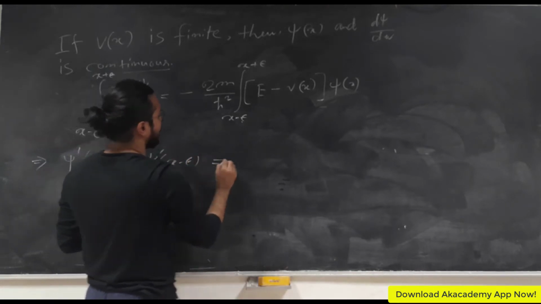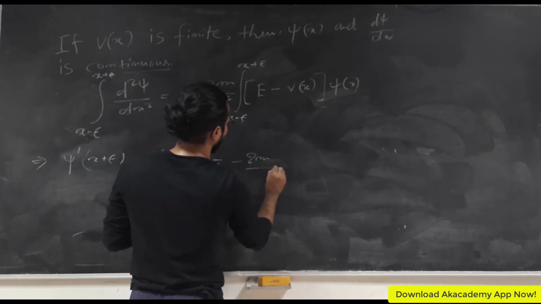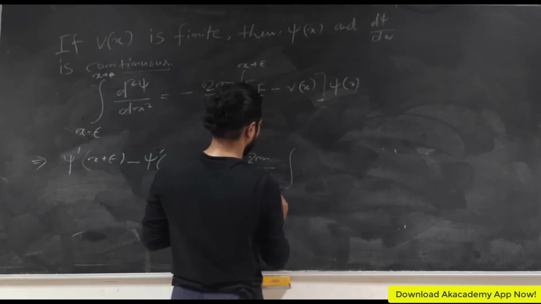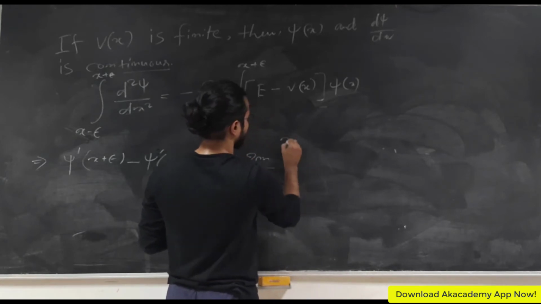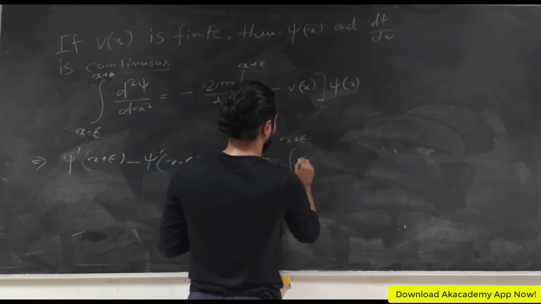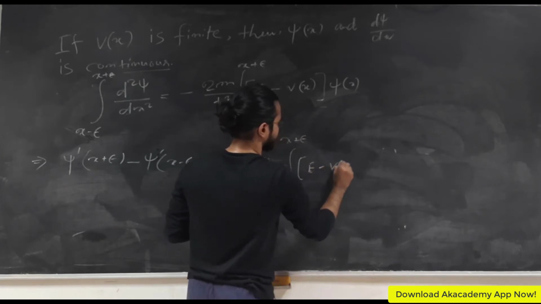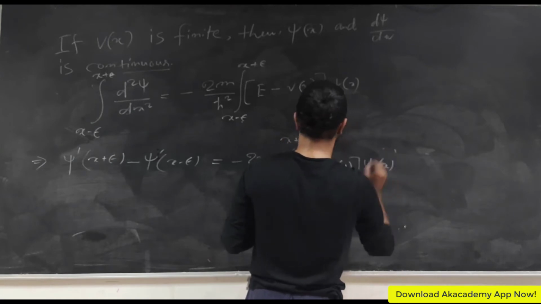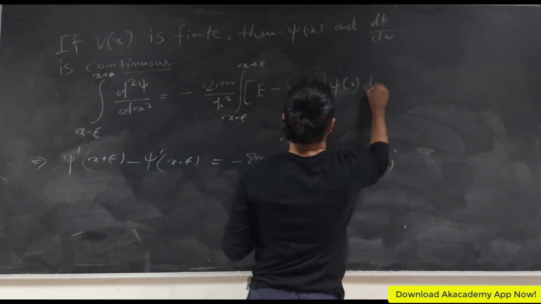And on the right hand side we'll get the integral from x minus epsilon to x plus epsilon of E minus V of x, psi of x dx.